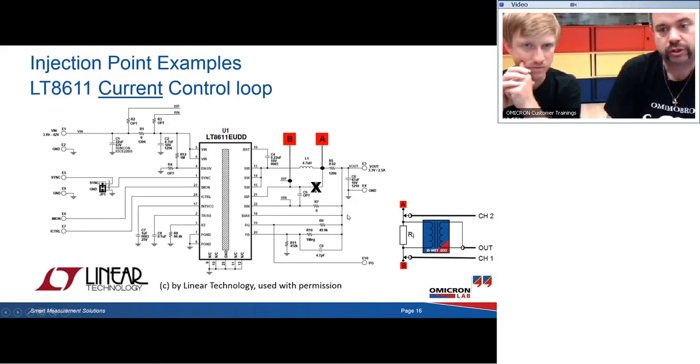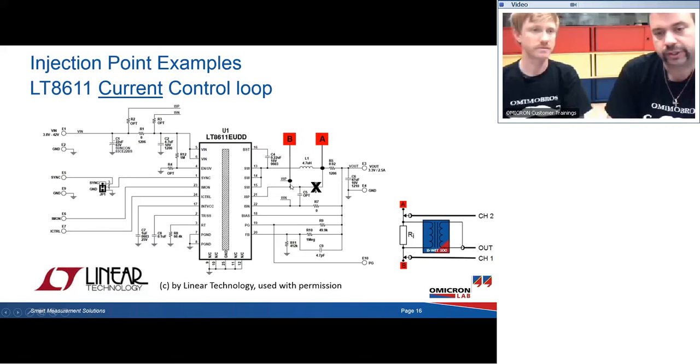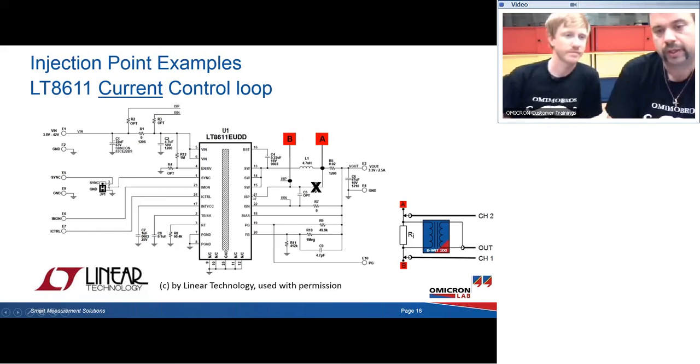To measure the current feedback loop, or the current control loop, we just put our injection resistor into the positive feedback, the current feedback. We send the signal into the controller. It comes out again to the inductor and comes back here, and here we can pick it up again.